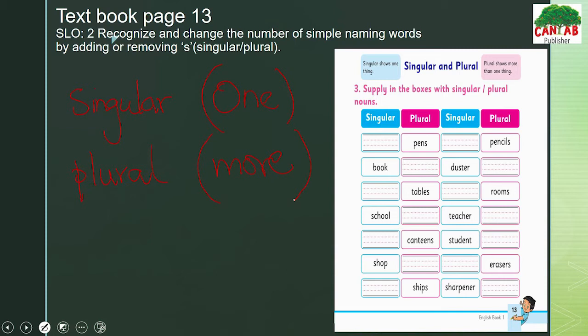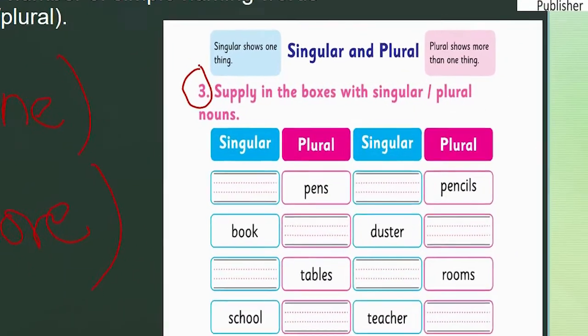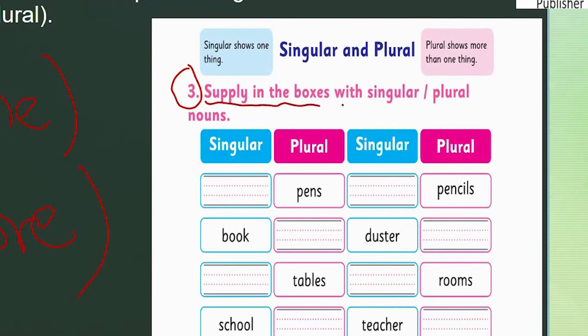Let's do it together. You have to be very careful and read what it is saying. The question says, supply in the boxes the singular or plural nouns. That means some of them are written in plural, some in singular. You have to read the word first, stop and think for a second, and then pick the right option and write it on the space provided.